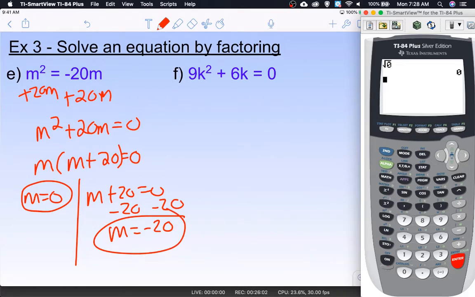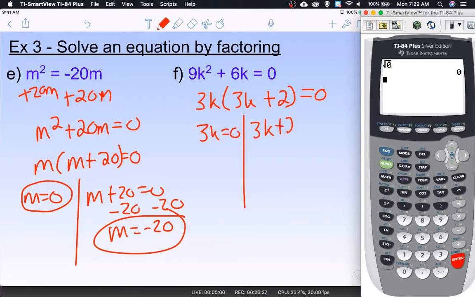Letter F, both terms can give up a 3k. That's the greatest common factor. What's left over is a 3k plus 2. Then we set both pieces equal to 0. 3k equals 0, or 3k plus 2 equals 0.